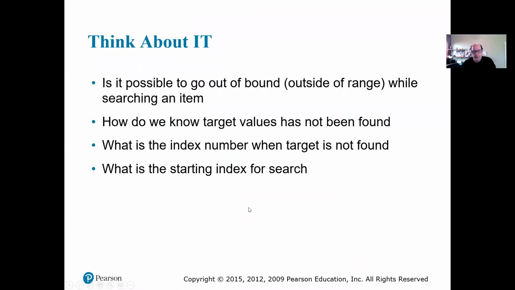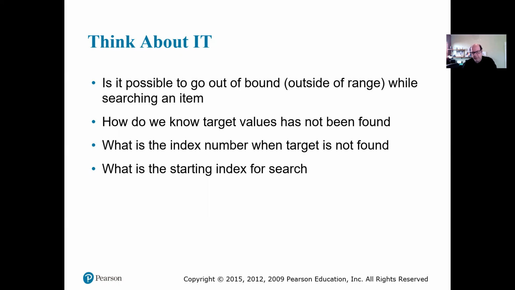Okay, so I'm going to stop it right here. That is for the searching part. I want you to pause and go over these things. Is it possible to go out of bounds, outside of the range while searching an item? Can we just fall off the end of it? How do we know that the target value has not been found?